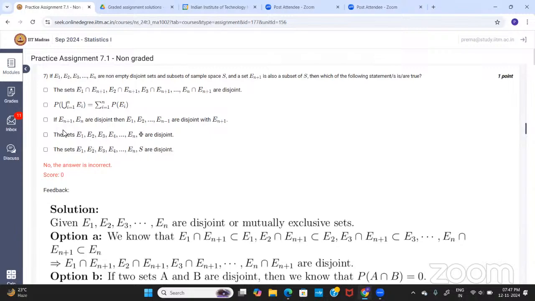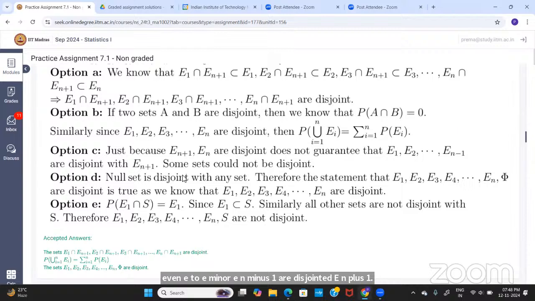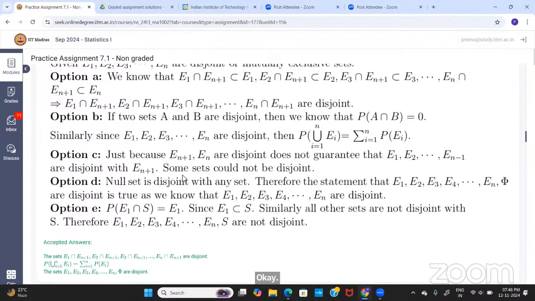Now the third statement is: if En plus 1 and En are disjoint, then E1, E2, up to En minus 1 are disjoint with En plus 1. Here you can see, En plus 1 and En are disjoint.